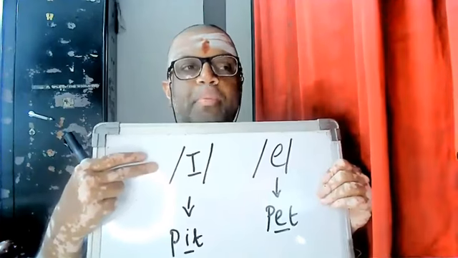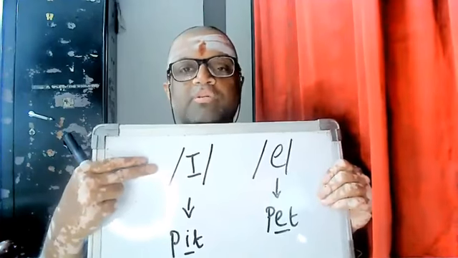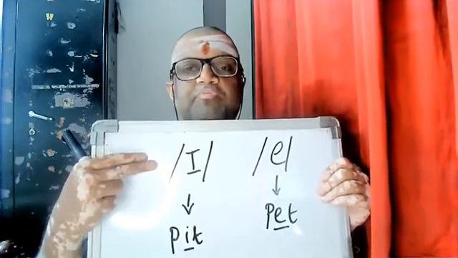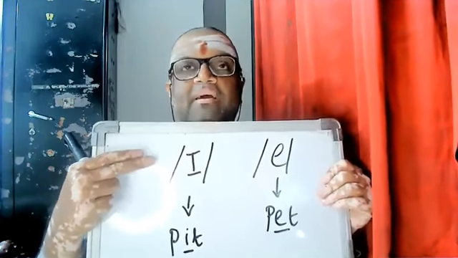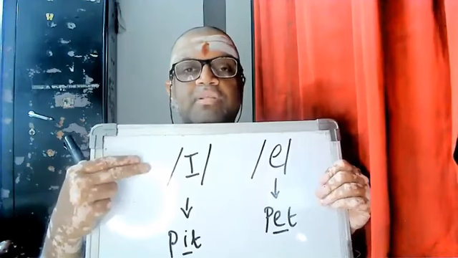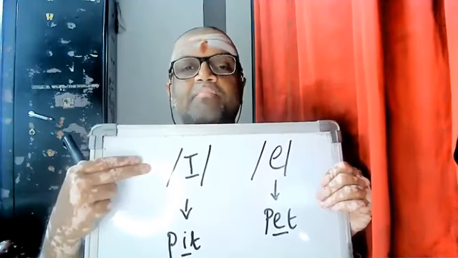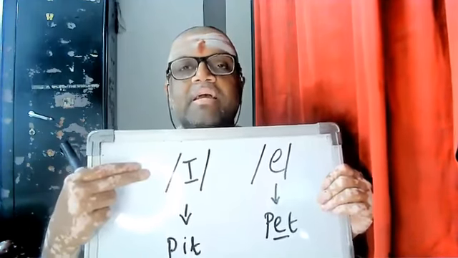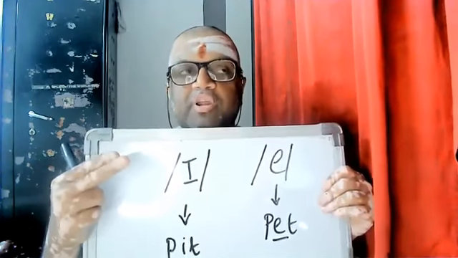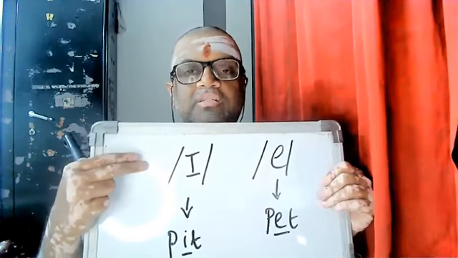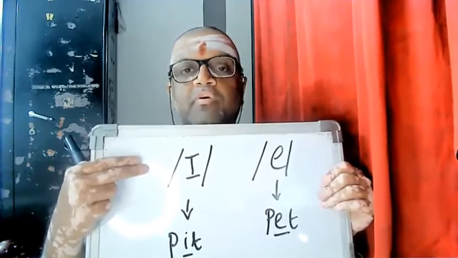Shall we begin with this sound? You don't open your mouth a lot, you just smile a bit. Just like for E, you smile, but you don't make it sound like E or I. This is /ɪ/, pit, pit. If it was not clear in the previous video, don't worry, just observe my mouth in this video.